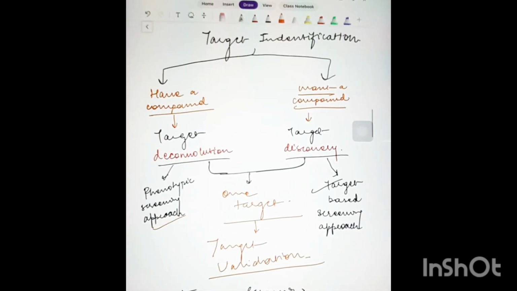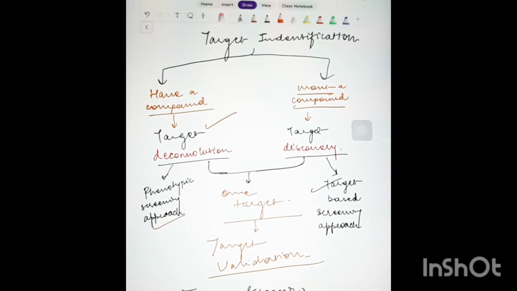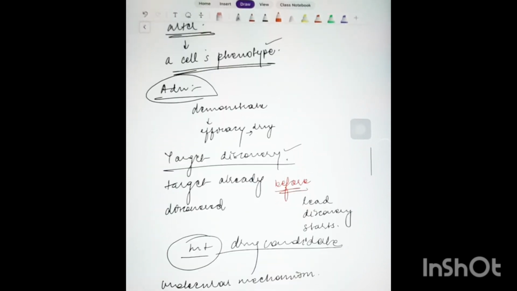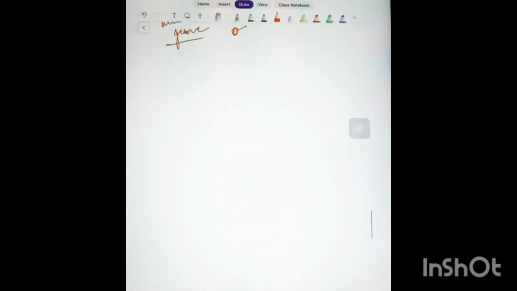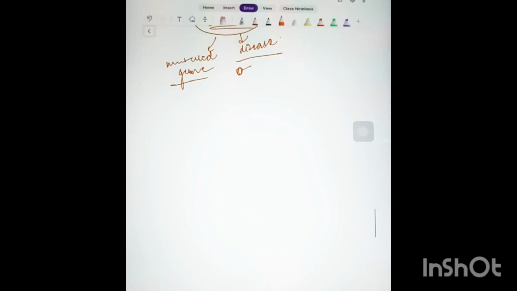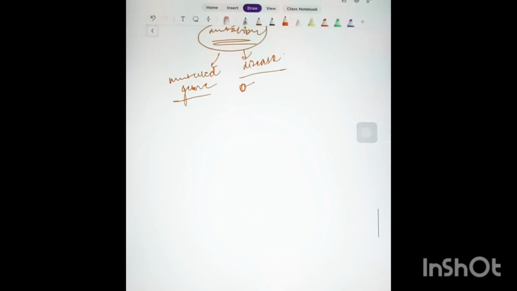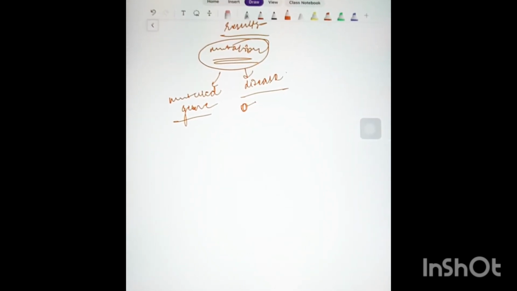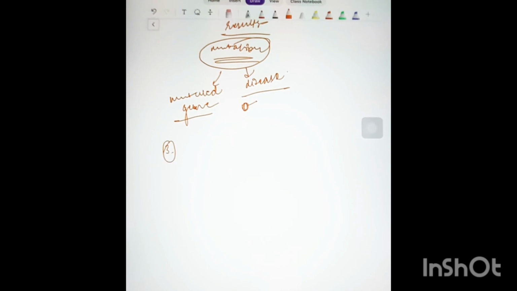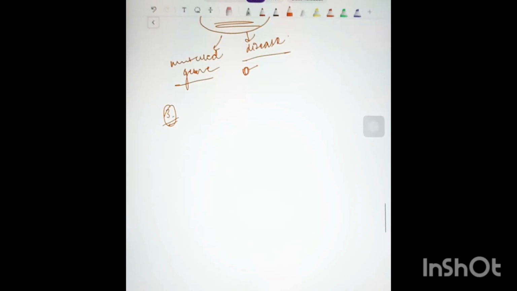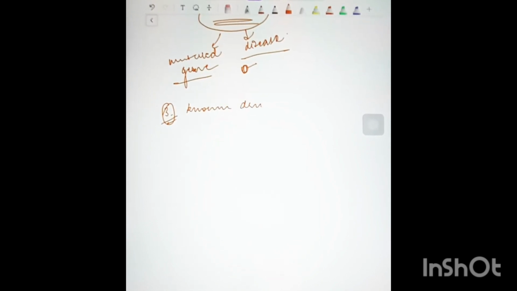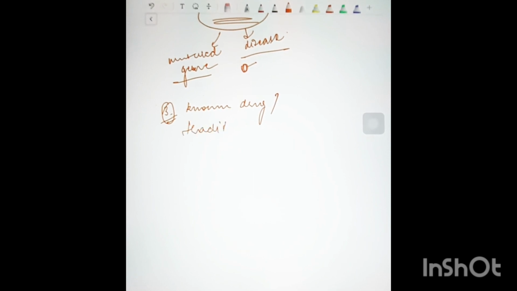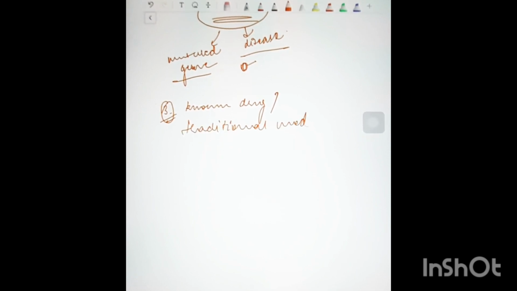This is what we call target deconvolution: we take a drug that we already know, an active substance or a traditional medicine, and look for unexpected effects, whether it has an effect on our disease condition. So we look for the unknown effects.